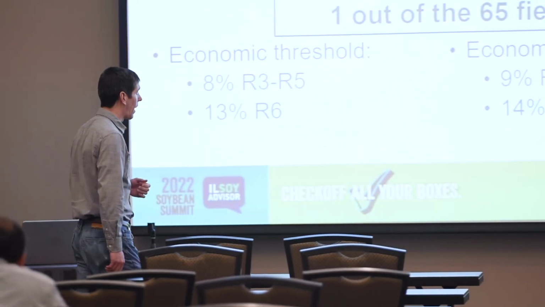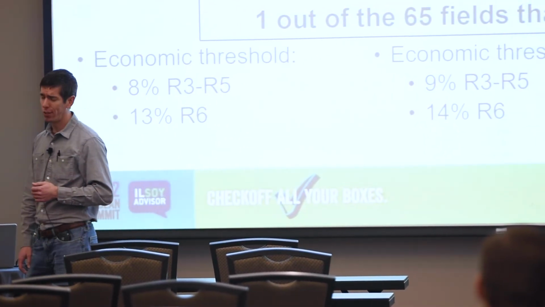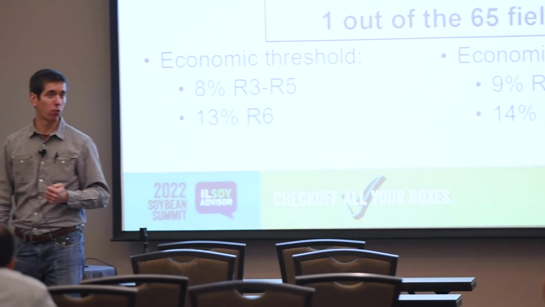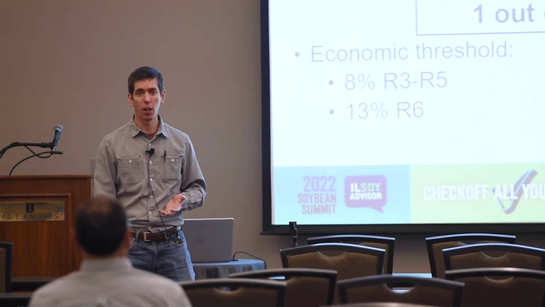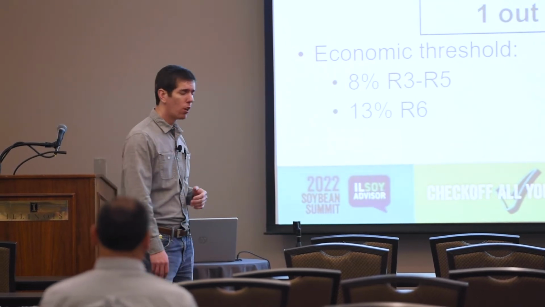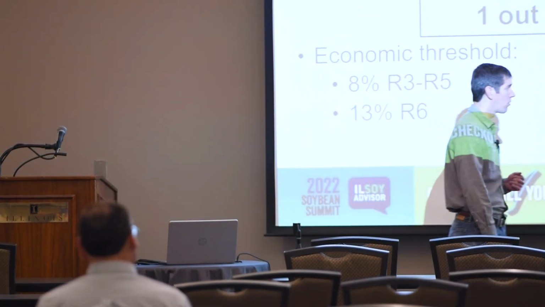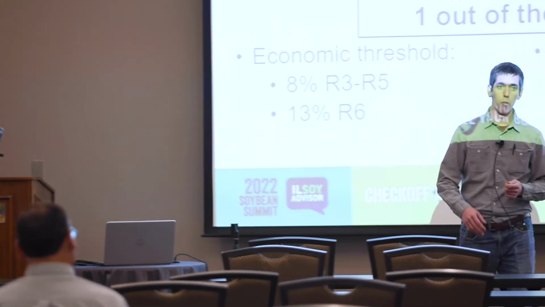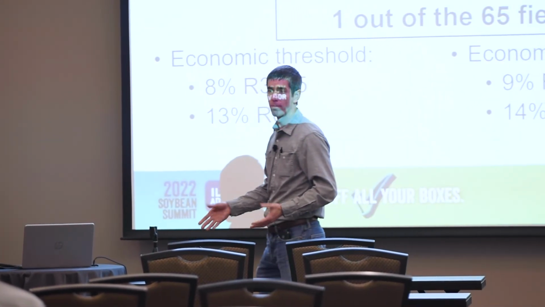Usually what takes you to that level where you're over 5%, and where you're starting to think about, well, maybe if the stars align, if I've got great yield potential, if I've got a really high price, if I've got a low cost of control, that'll pay for it based on defoliation. Usually when that happens, it's when the beanleaf beetles come in at the end and sort of finish the job.